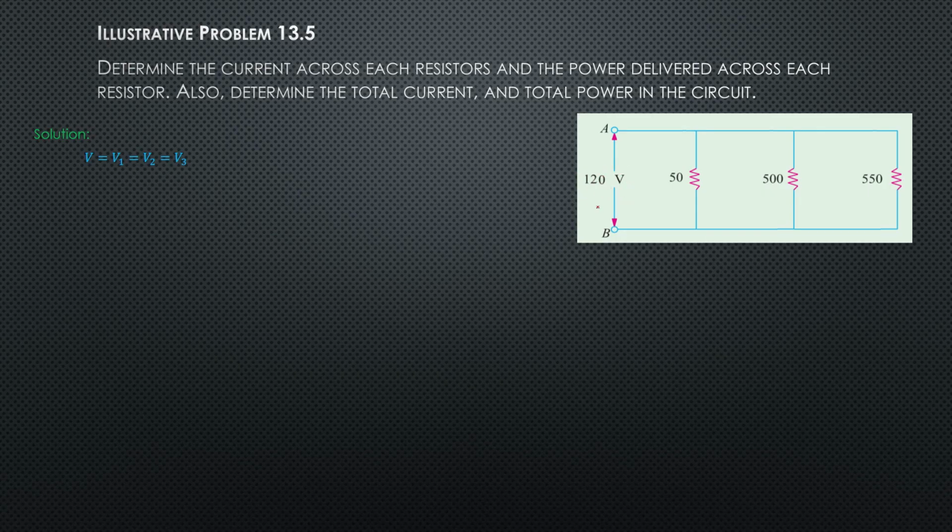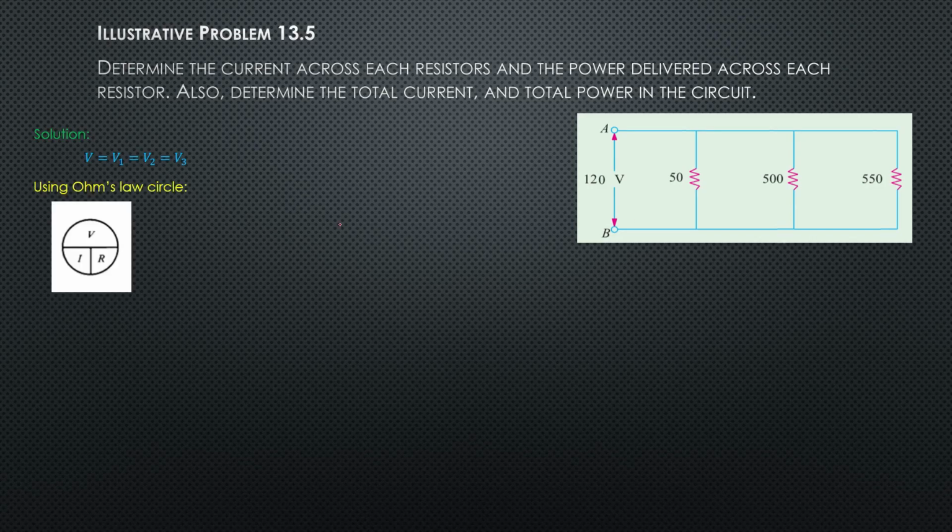The voltage across this 50 ohm resistor is also 120 volts. Same goes here, 120 volts, and that is also 120 volts. So this is 50 ohms, 500 ohms, and 550 ohms. Let's say this is R1, R2, and R3.